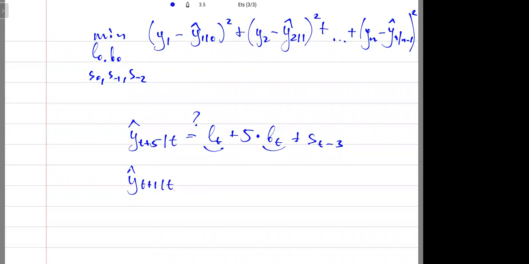If we live in T and we have all past values, then we need to take level plus growth rate plus the corresponding seasonal effect. But the seasonal effect of T plus 1 is just the seasonal effect of T minus 3. And let's imagine that we have already estimated it.